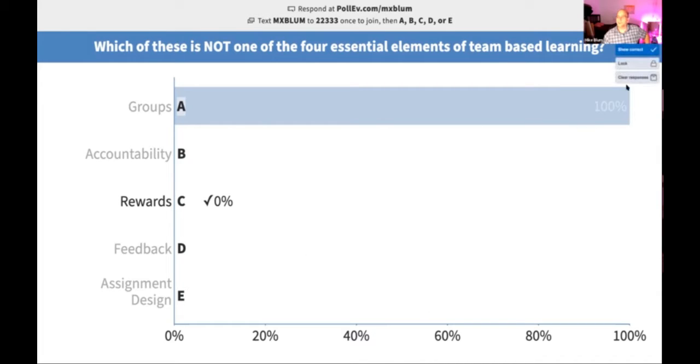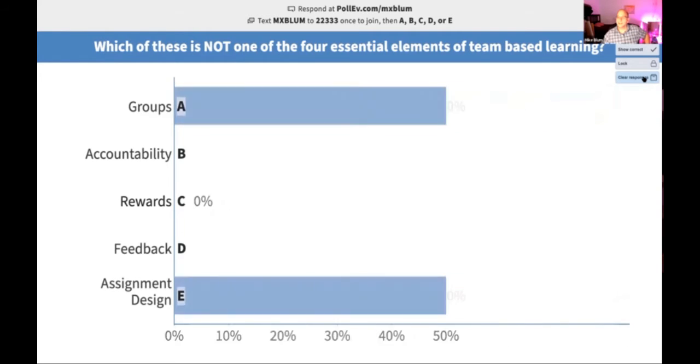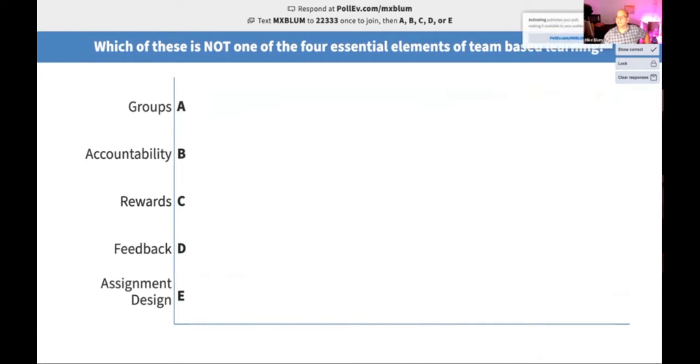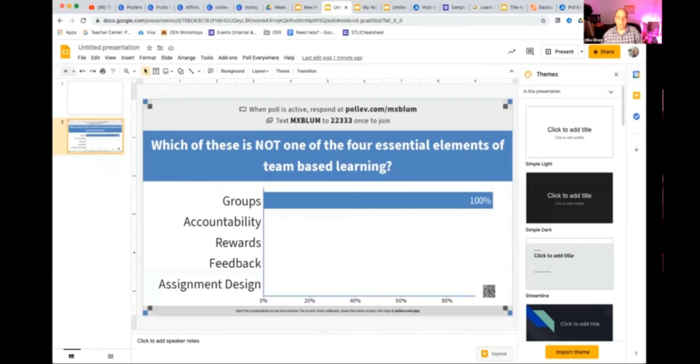And I can clear the responses and then people can guess again. I can deactivate it if I didn't want people to answer. I can reactivate it. I can show the responses again, and then people can just answer it there. So that's a way that you can embed it into your Google slideshow.